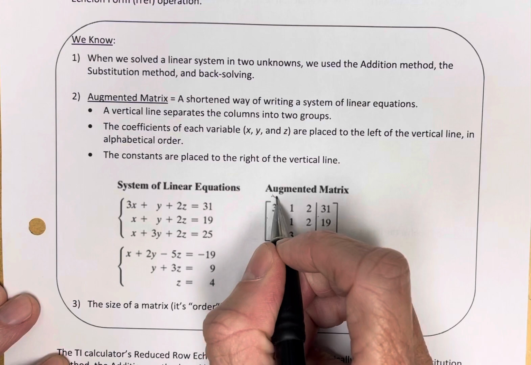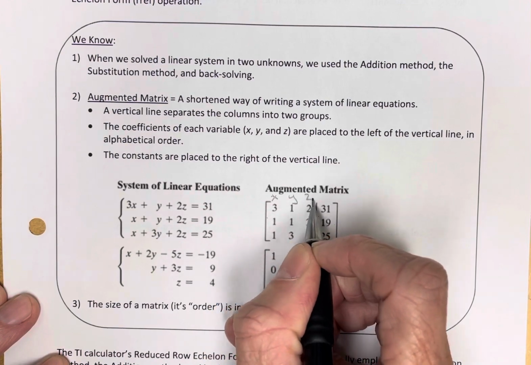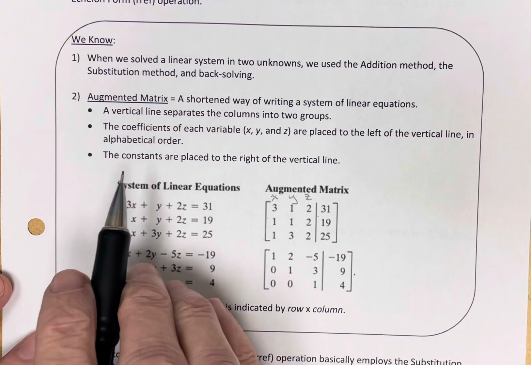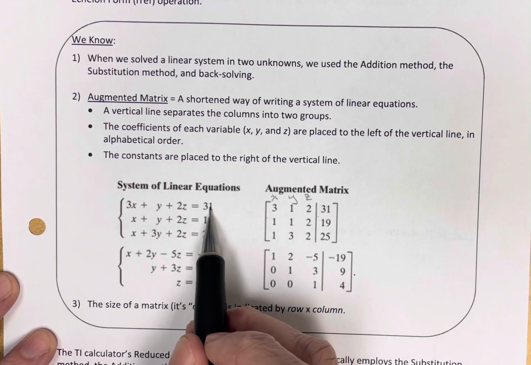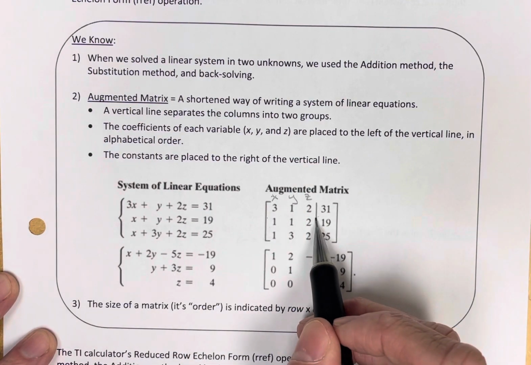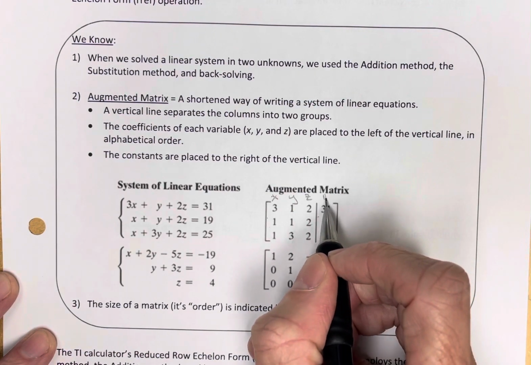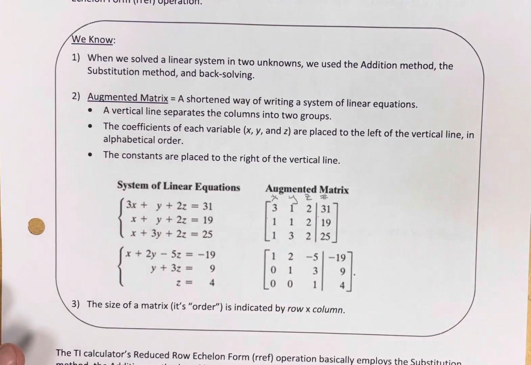If you want to, I'll go ahead and write that above. And our constants are placed to the right of the vertical line, 31, 19, 25. So those are our constants, which I'll label with the number symbol.